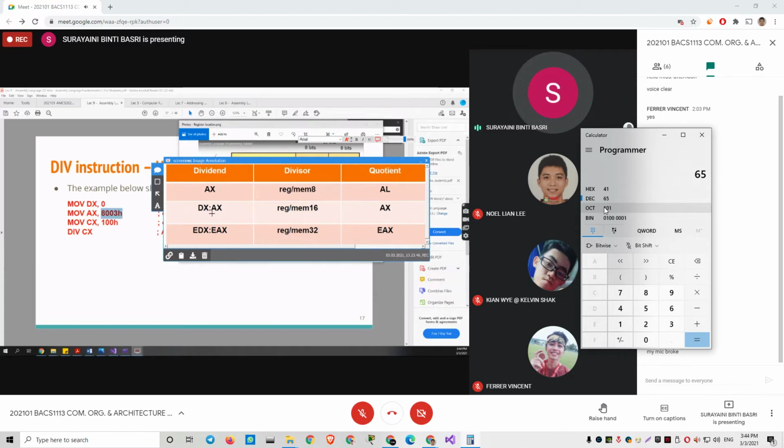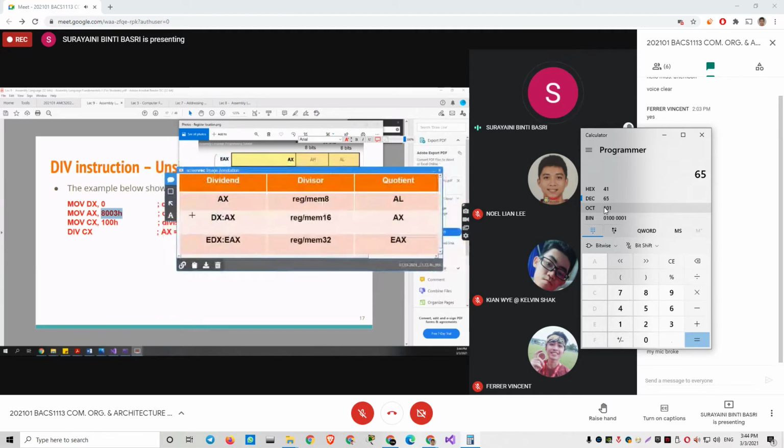So that's why when you do the 16 bit, you need to store your dividend inside two registers. Then you put 0 here because your AX is not enough to need to use the DX value.